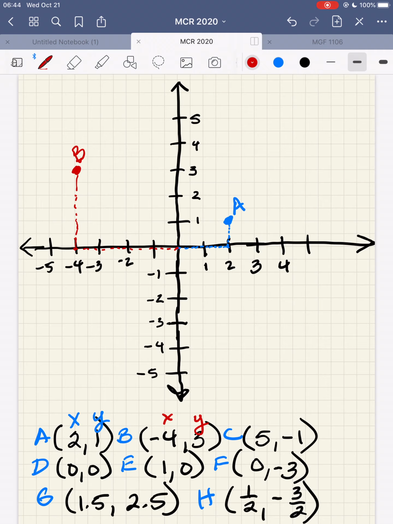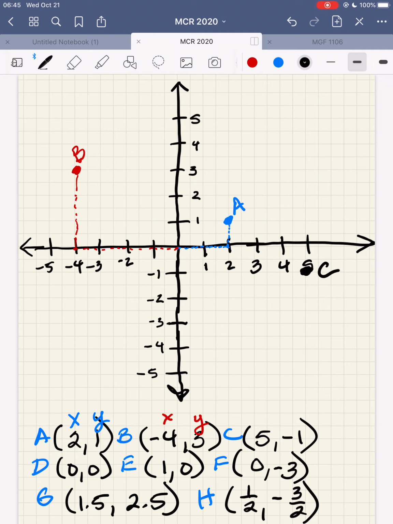Let's look at C. C says I need to go from the origin to 5, and I'm going to label my 5. So I need to go to my 5, and then my y value is -1, so I go down to -1, so I'm actually right here, which is a little awkward with that 5 being there.